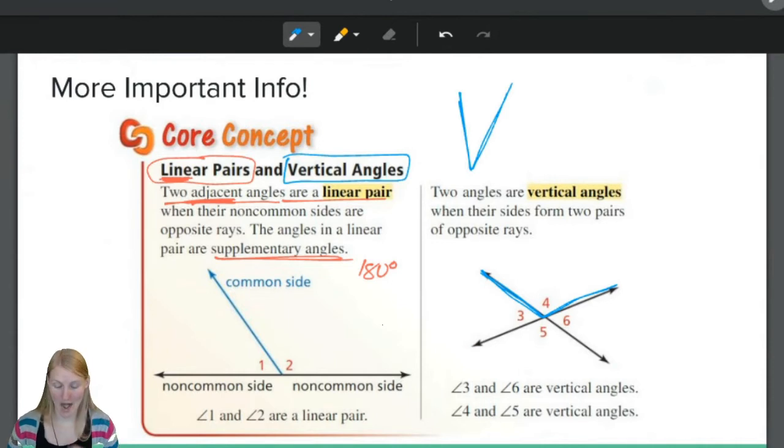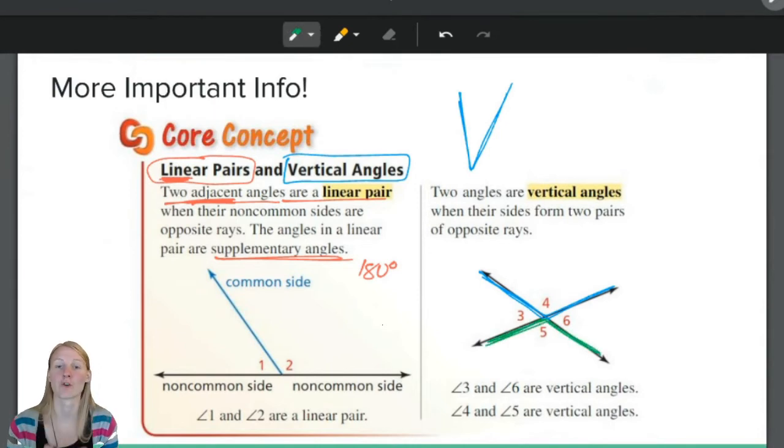Vertical angles happen when you take this V and you extend the V's into an X. Those opposite angles: if I took the V up here and I flipped it upside down, I would get a V down here. So, I know you're like, Miss Dodge, you're weird, this sounds weird, but stay with me. So this V right here, if I flip it upside down, I get this V right here.